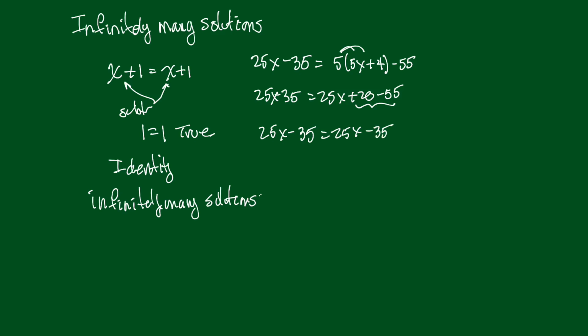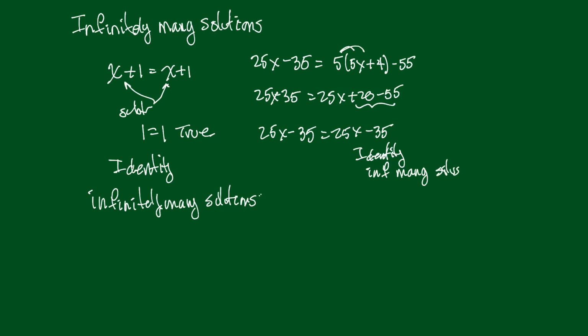Now you can see it, right? The left side and the right side are identical. So since they're identical, we are going to have an identity. Now, if you can see it here, that's fine. If you can see it here, you can go ahead and write identity, which means infinitely many solutions.